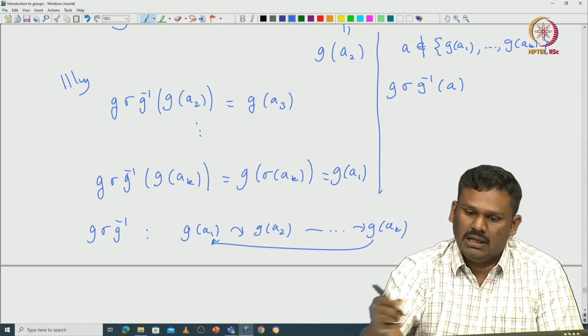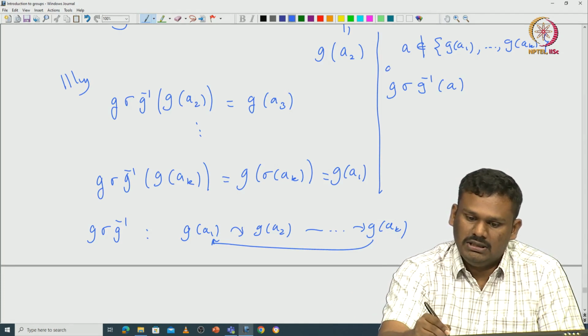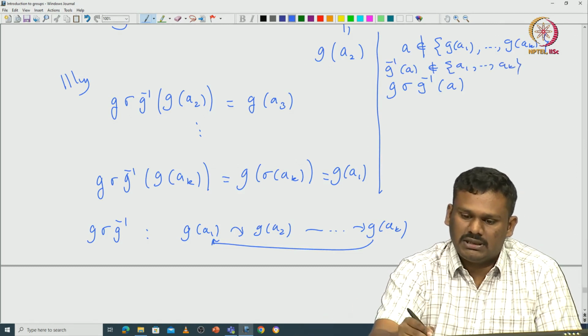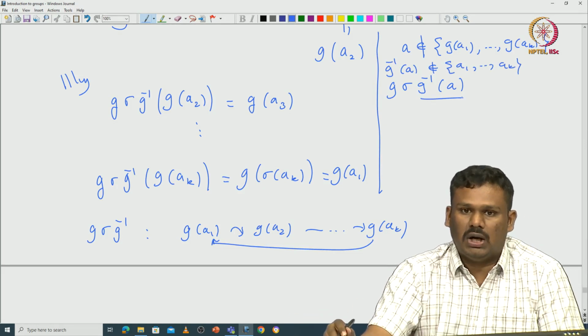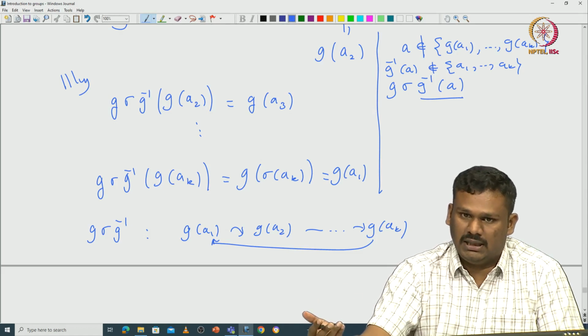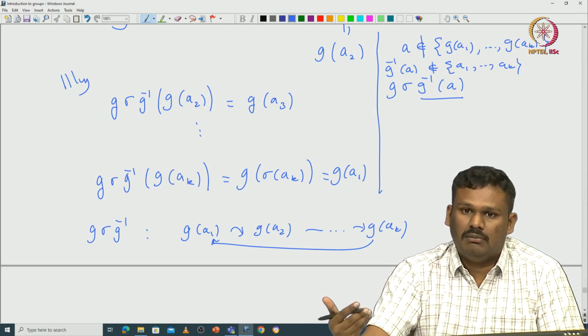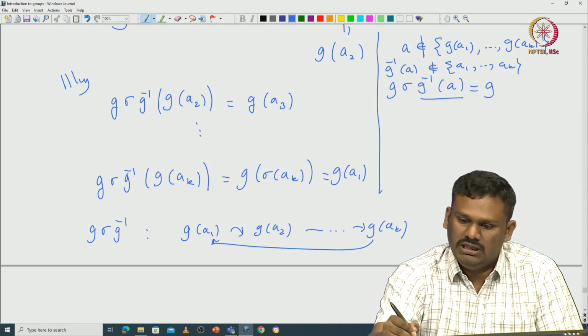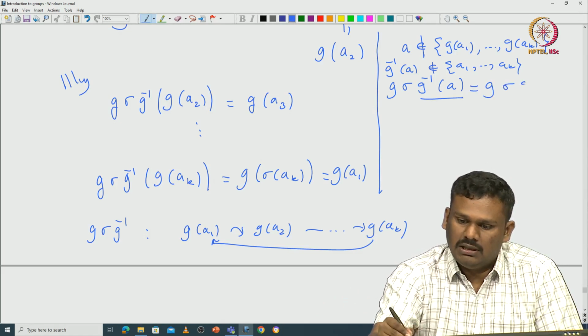G of A_k, then it is immediate that g inverse of a cannot be inside a_1 through a_k. So, that means g inverse of a is not an element of a_1 through a_k. So, that means the sigma must fix that. So, this is going to be equal to g of sigma g inverse of a, but this sigma fixes g inverse of a.